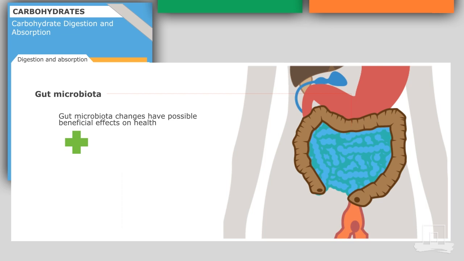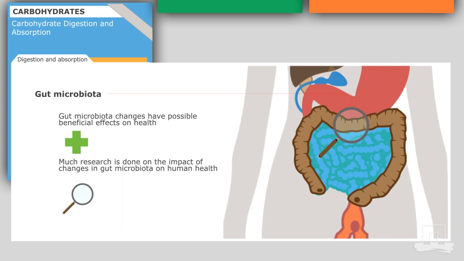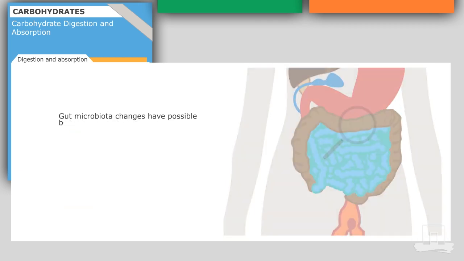There is a lot of research going on trying to figure out how the microbiota changes in response to certain dietary changes, and what the impact of those changes may be on human health. For many diseases, we're finding links, and hopefully in the next few years, we'll get a lot more insight into the importance of the gut microbiota.